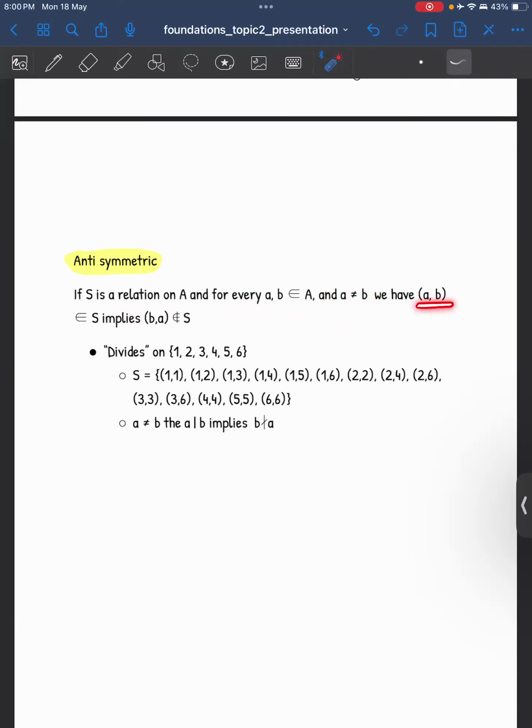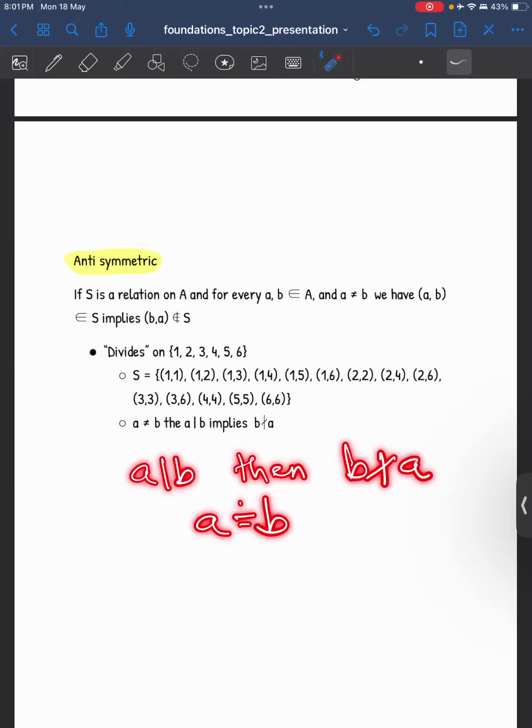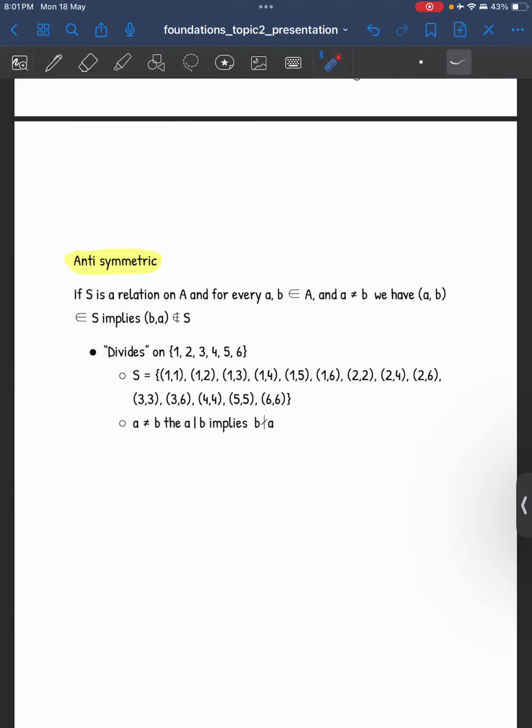If (a, b) is in S, then (b, a) is not in S. This is directly saying that the opposite side should not be in S. What I mean is if (1, 2) is in S, then (2, 1) is not in S. And as we saw with the divides relation before, if a divides b, then b does not divide a if a is not equal to b. So we can quickly check that this is an anti-symmetric relation.